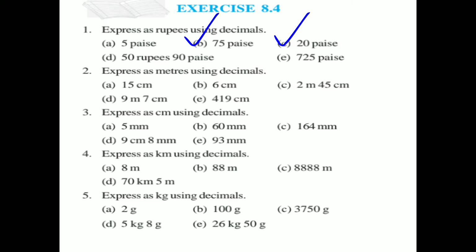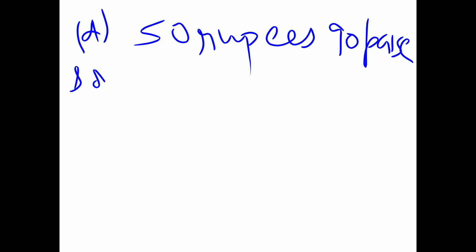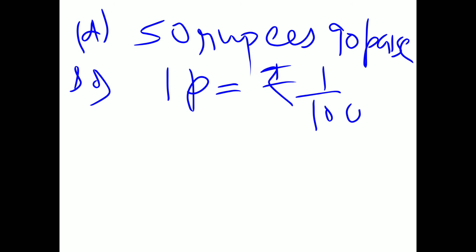Now B part is the same as this. C part is also the same, E part is also the same. So I will do D part for you. Clear? Now see, it is written 50 rupees 90 paisa. Firstly, we write down the formula. 1 paisa is equals to rupees 1 upon 100. Clear? Then 50 rupees is already in rupees, so we will not convert it.